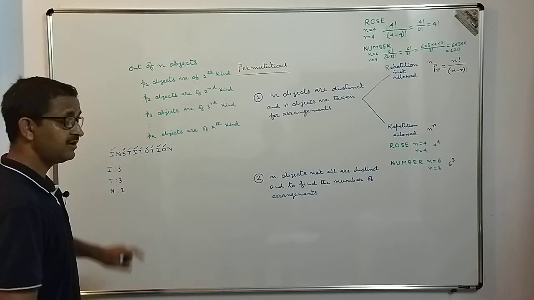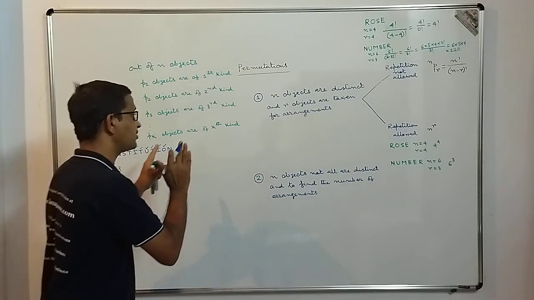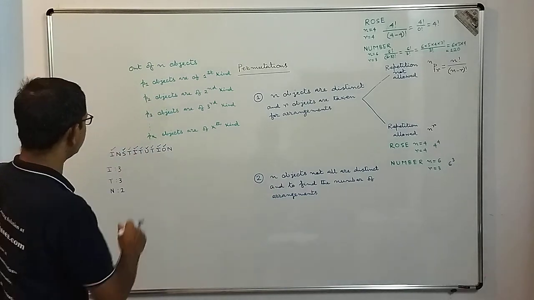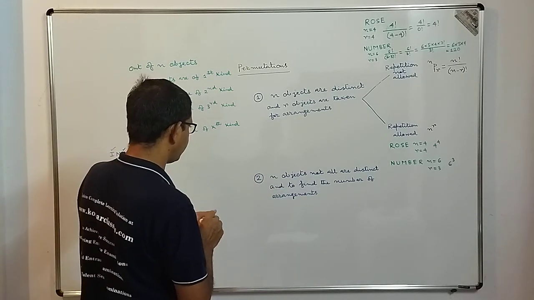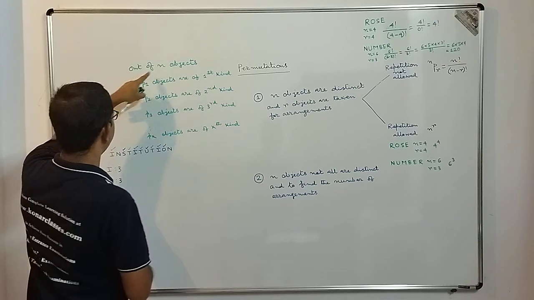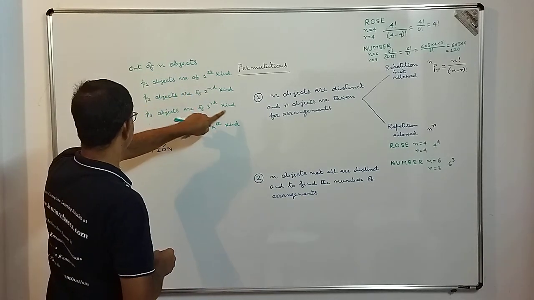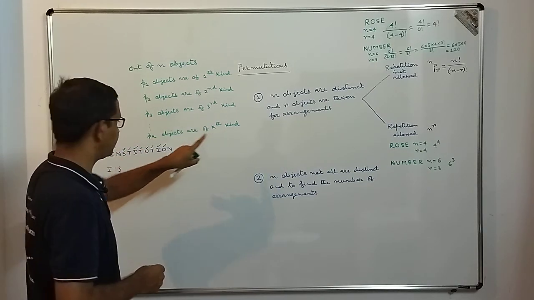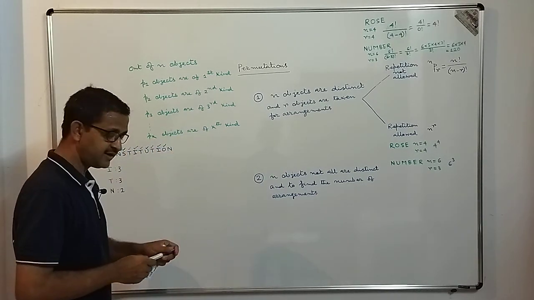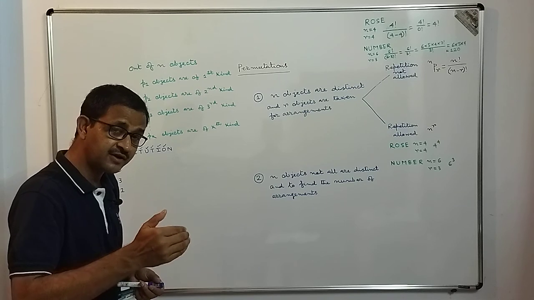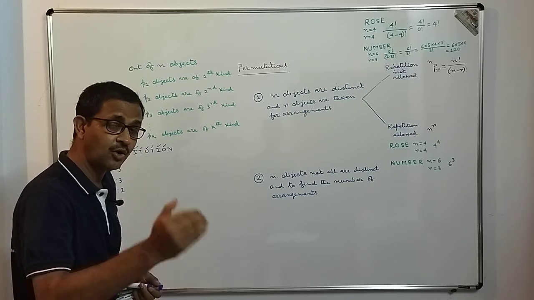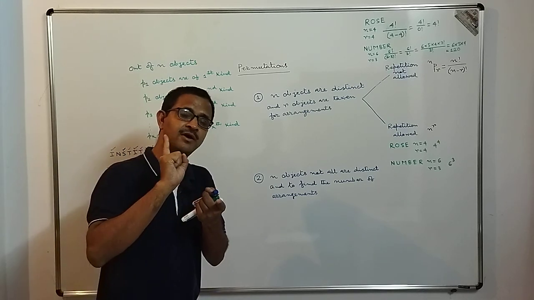Then what is the possible number of arrangements? That's what we are going to discuss here. For this the relevant formula is, out of n objects, if P1 objects are of first kind, P2 objects are of second kind, P3 objects are of third kind, Pk objects are of kth kind, and if there are other objects left, they are all distinct. That means they appeared only one time.